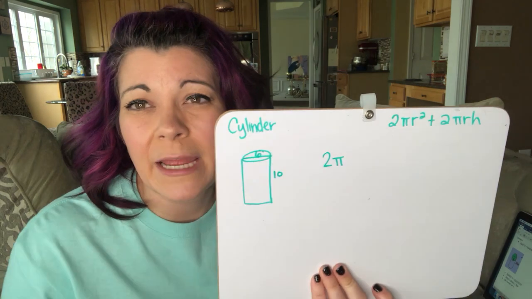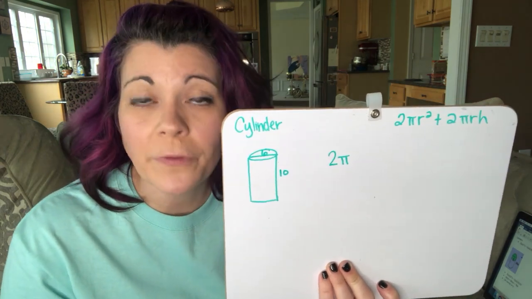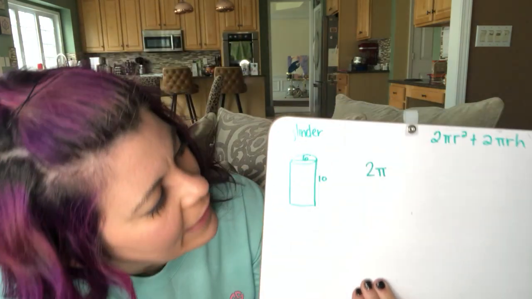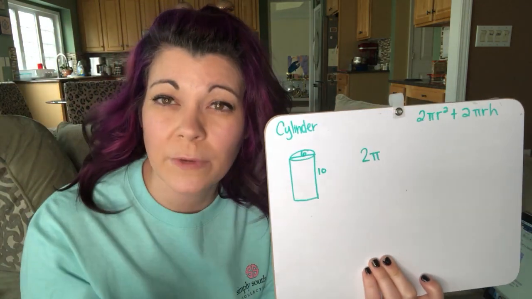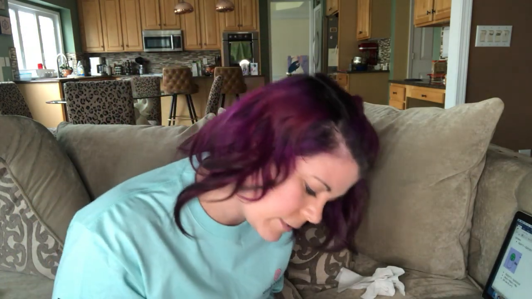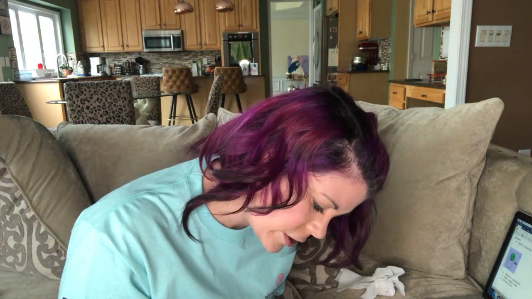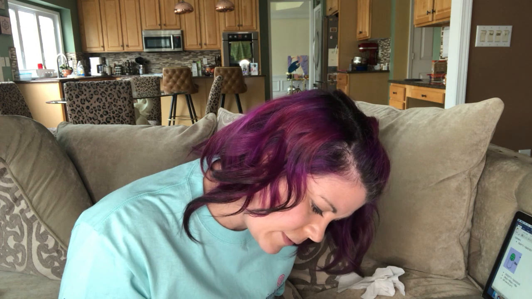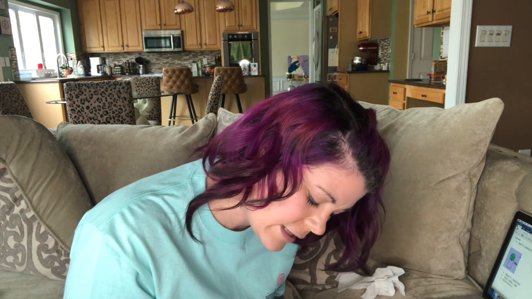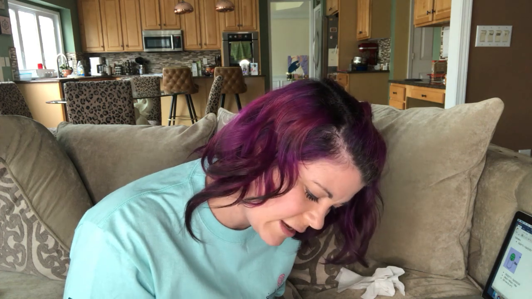R stands for radius. We see that the diameter is 6. You're gonna have to know that the radius is half the diameter. So if the diameter is 6, the radius would be 3, because 6 divided by 2 is 3. So I'm gonna plug in 3 for where it says r. So 3 squared plus 2 times pi times r, which is 3, times h, which is 10.